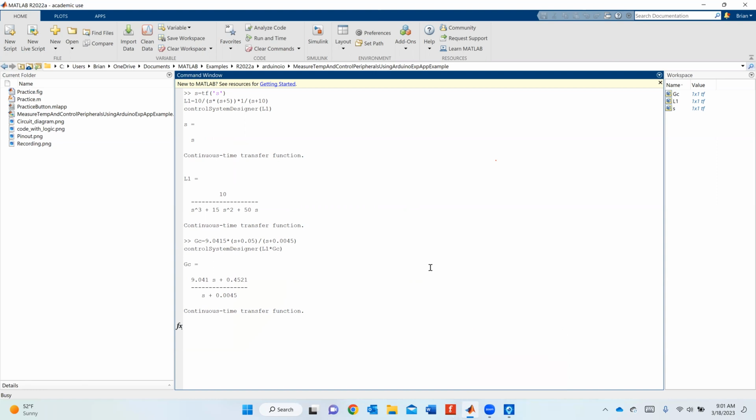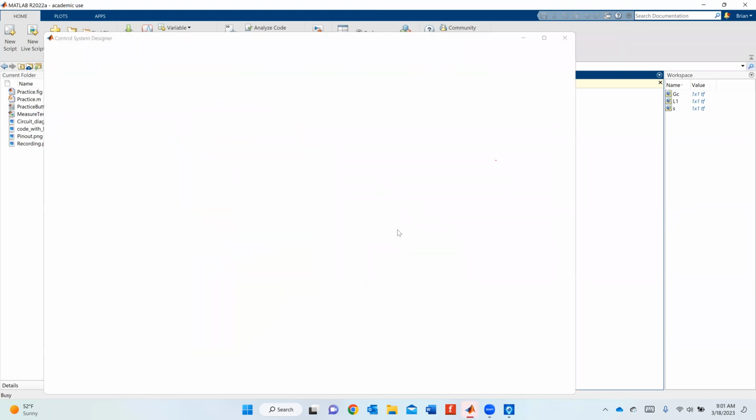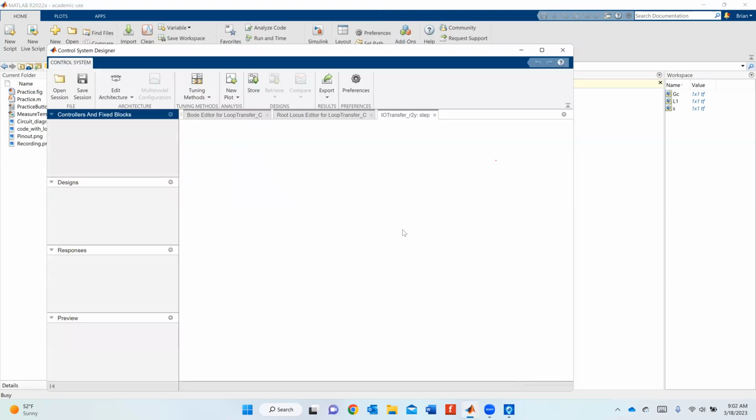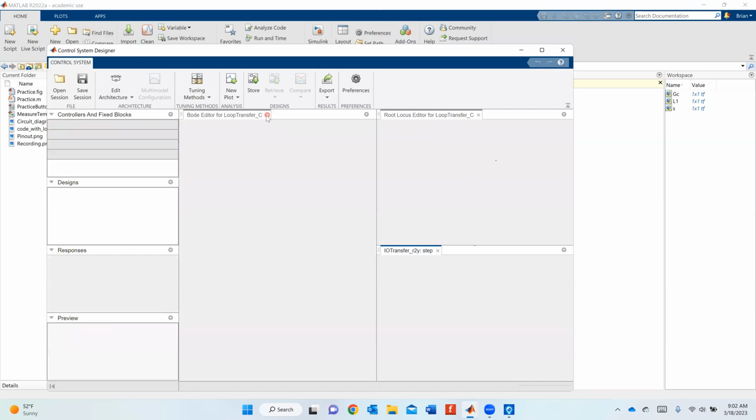Now that we have that, when we pull up the control system designer, we just have to ensure that our design requirements are met here. I'm going to shut the Bode editor because we don't need that.